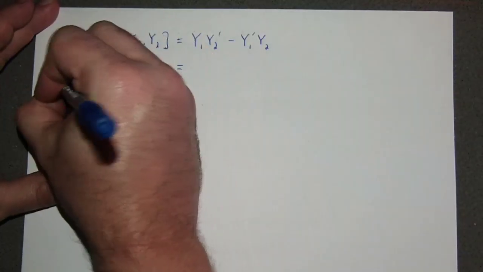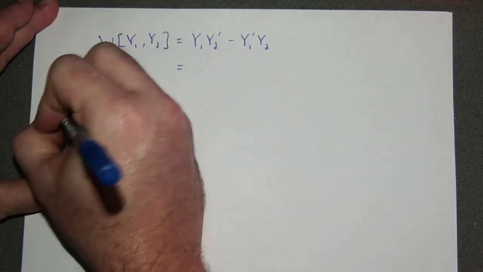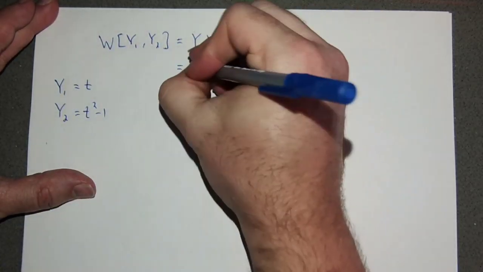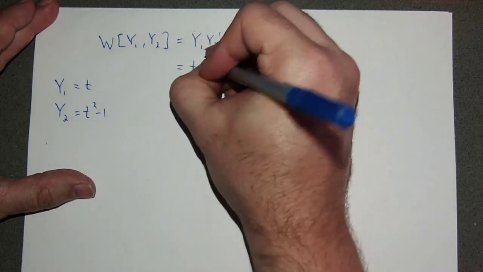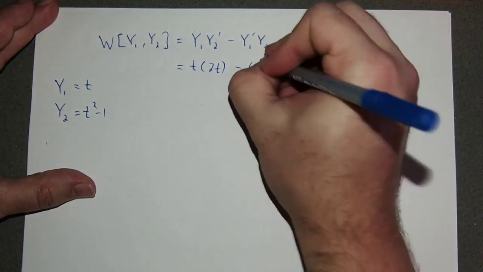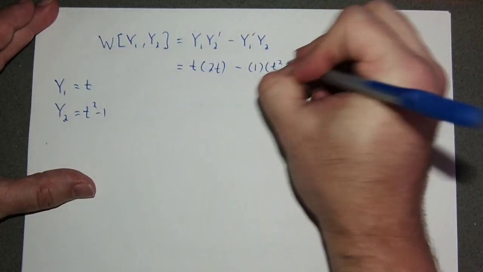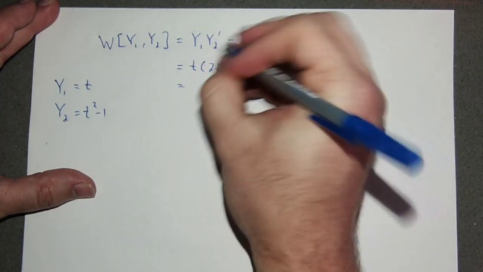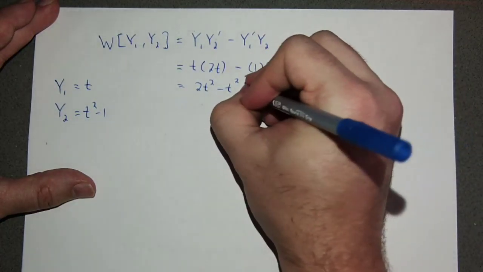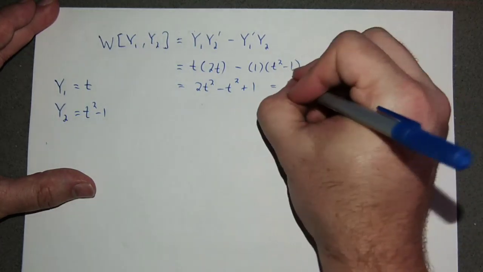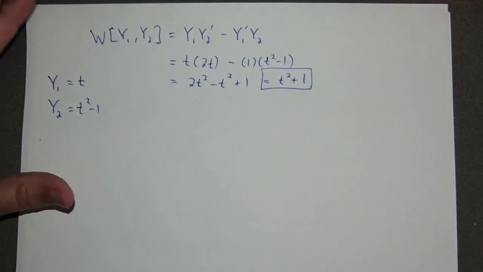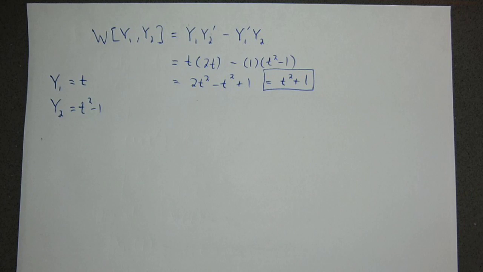Accordingly, since y sub 1 is t and y sub 2 is t squared minus 1, this is t times 2t, minus 1 times t squared minus 1. So this is 2t squared minus t squared plus 1, and so this is t squared plus 1. You might already be thinking that's going to make things really nice.